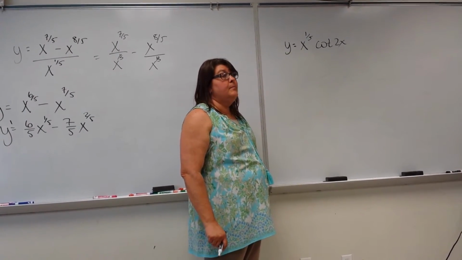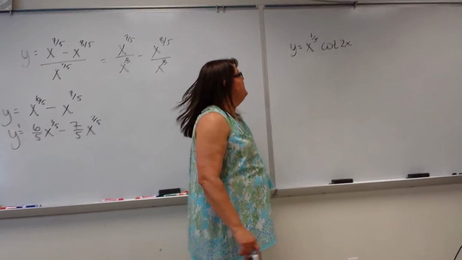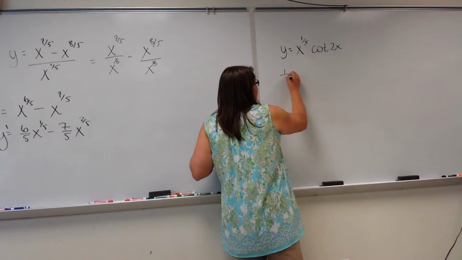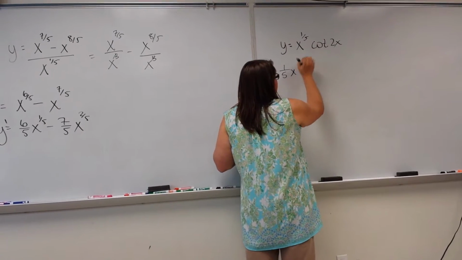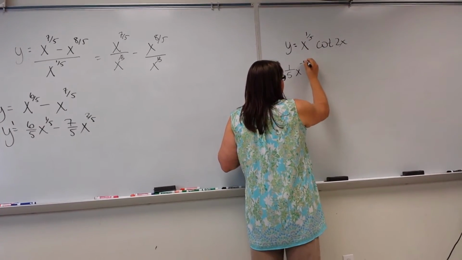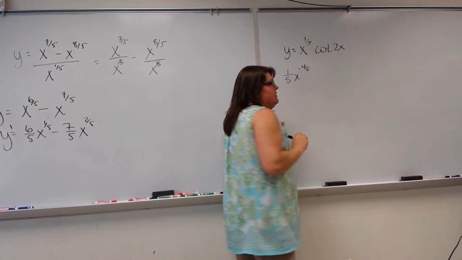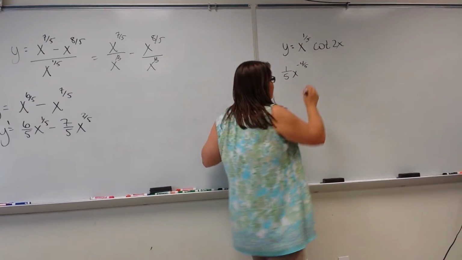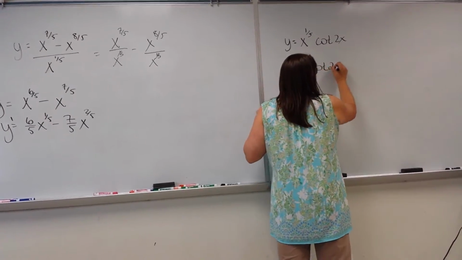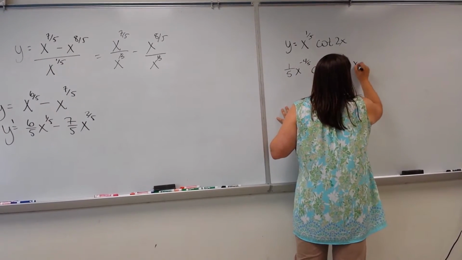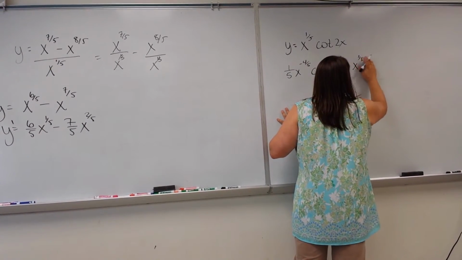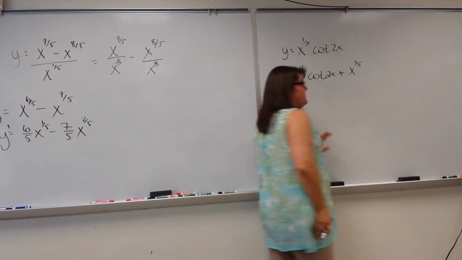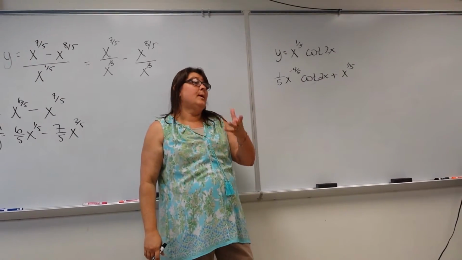You have to use the product rule. Yeah, right. So the derivative of the first, 1/5 x to the 1/5 minus 5/5, so x to the minus 4/5. Is everybody okay with that derivative? Times the second, plus the first times the derivative of the second. What's the derivative of cotangent? Negative cosecant squared, right?